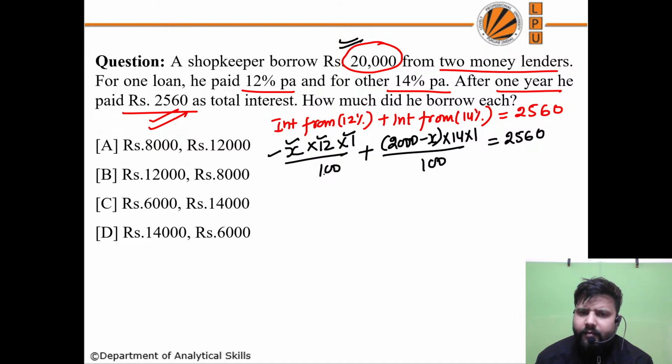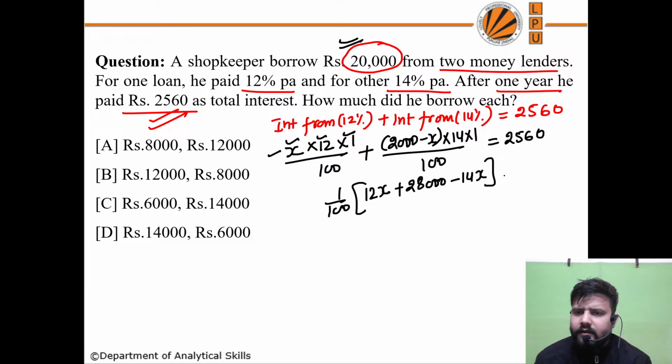Getting it? So from here you can take 1 by 100 common, so it will be 12x plus 14 times 28,000 minus 14x is equal to 2560. Now from here 28,000 minus 2x is equal to 256,000.